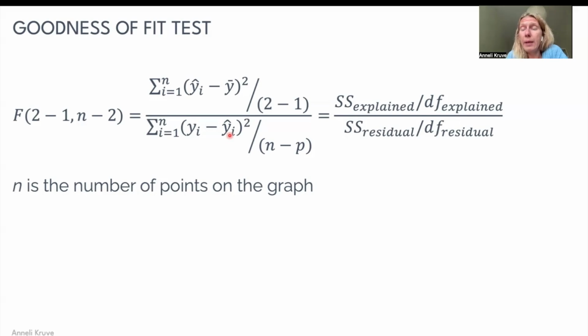And in this case, of course, in a calibration graph, if we are doing our measurements correctly, the measurements are done on the right wavelength or at the right m over z value, then the explained variance will be much larger than the residual variance. And therefore, the hypothesis that the explained variance is larger than the residual variance is likely to be accepted in the hypothesis testing.